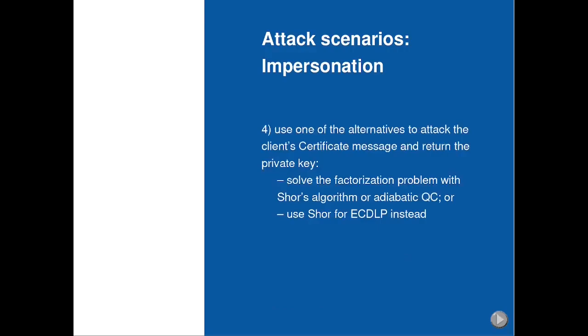And fourth, use one of the alternatives to attack the client certificate message and return the private key, which is using Shor's algorithm or an adiabatic algorithm to solve the factorization problem if the signature algorithm is, for example, RSA, or using Shor's algorithm for elliptic curves if a different signature algorithm were used.